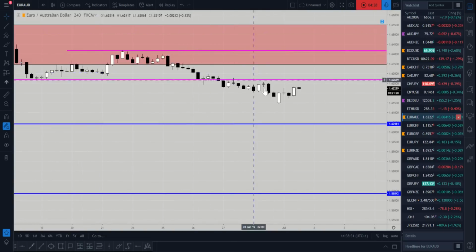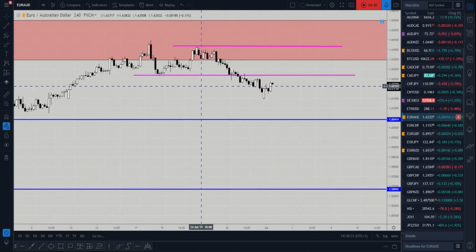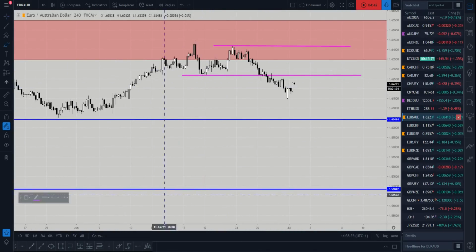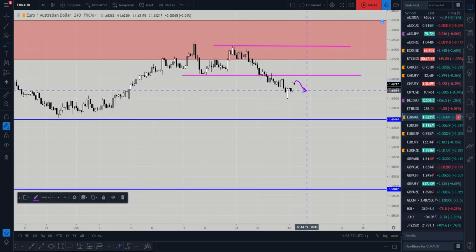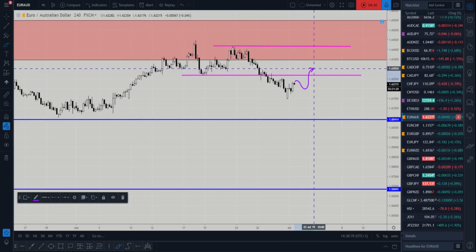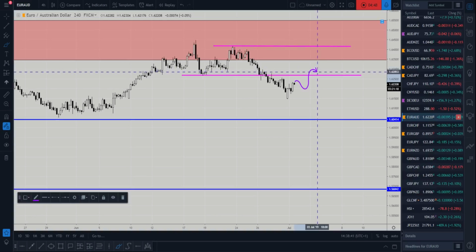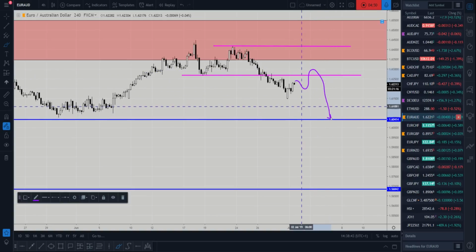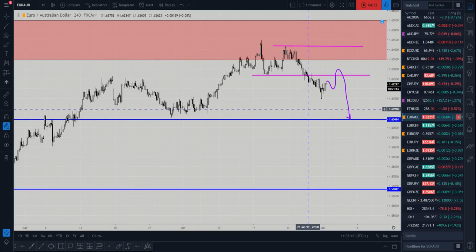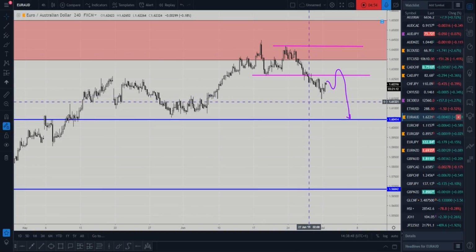We could dive a little bit lower and see if we can get on the train a little bit earlier. What I'd be looking for is the market to retrace back into this zone up in here, and then continue its path down towards that 1.6 level. So a couple of different swing trading opportunities there on Euro Aussie.